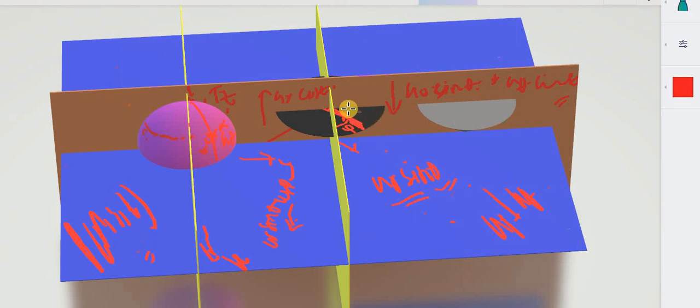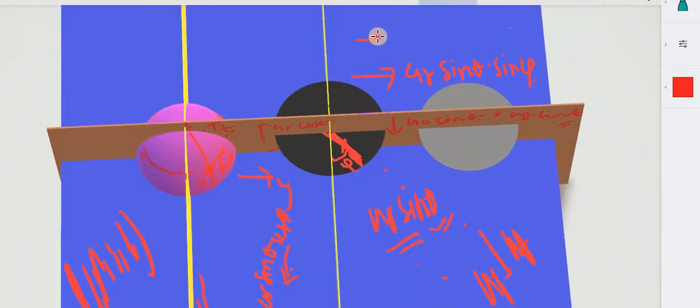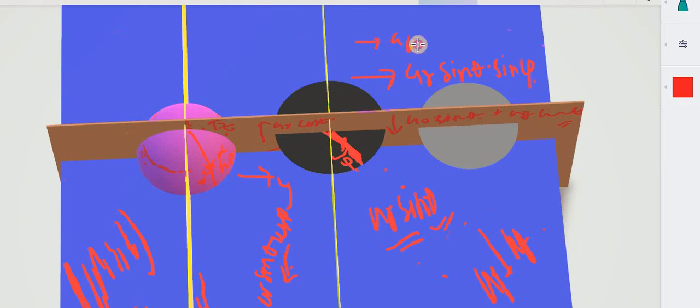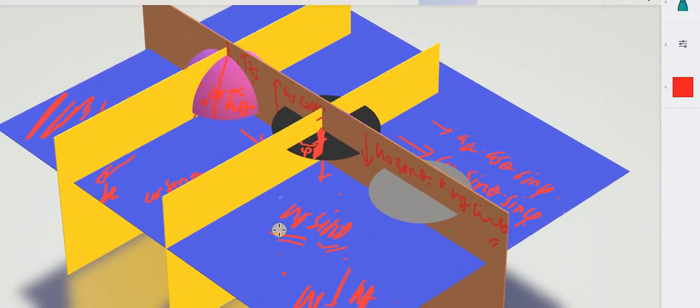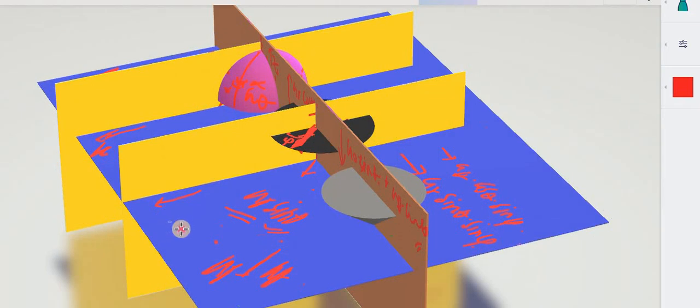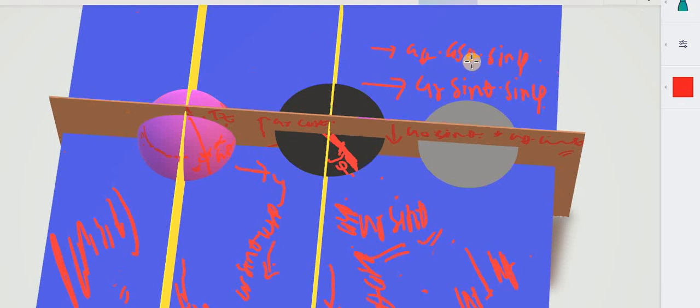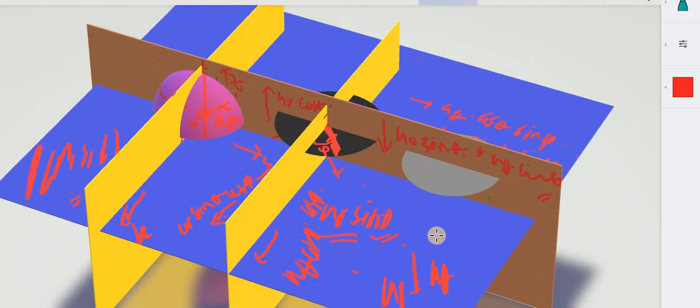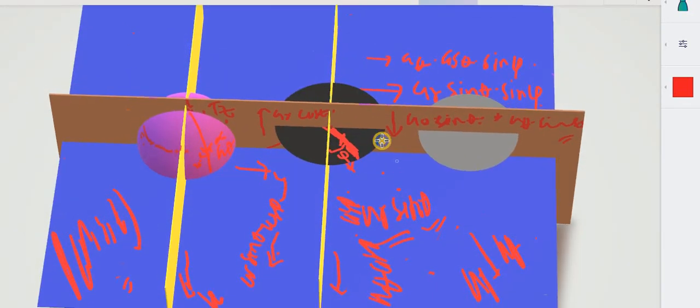There will be two components in this way: A theta cos theta sin phi, and this way A theta cos theta cos phi. Okay, for the theta component.